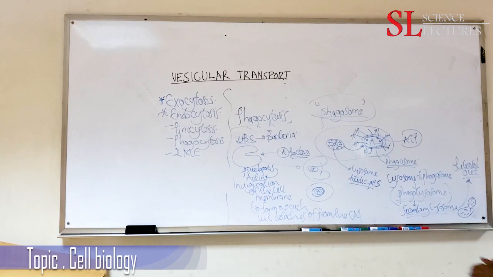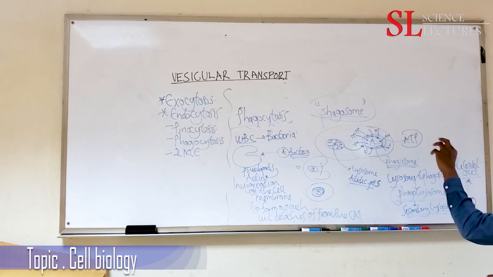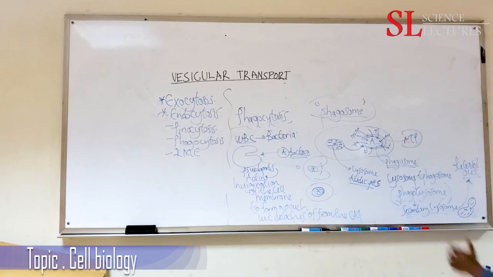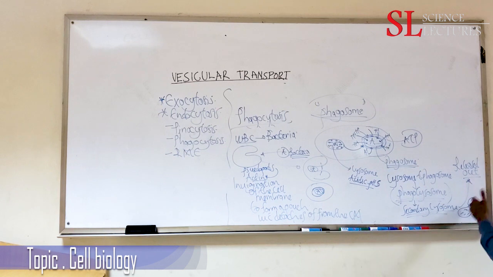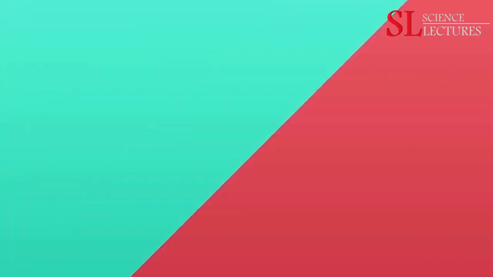That combination will aid in the breakdown of the bacteria with the aid of the hydrolytic enzymes in the lysosome, and later we'll have a secondary lysosome. Then waste products will be released either inside or outside of the cell. So that is it for phagocytosis.